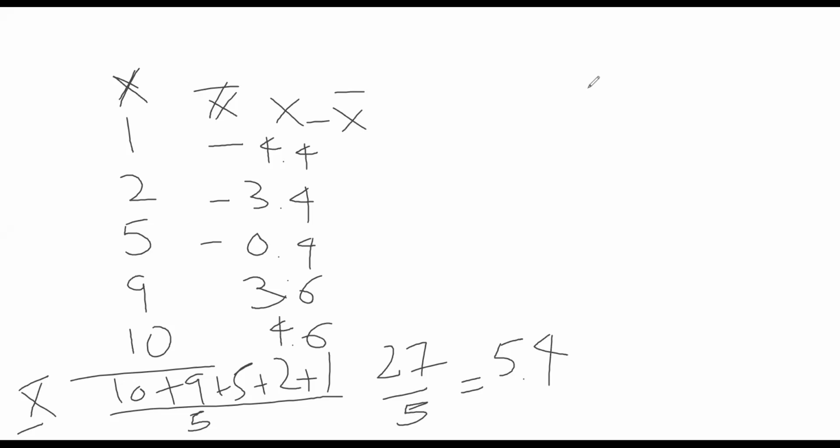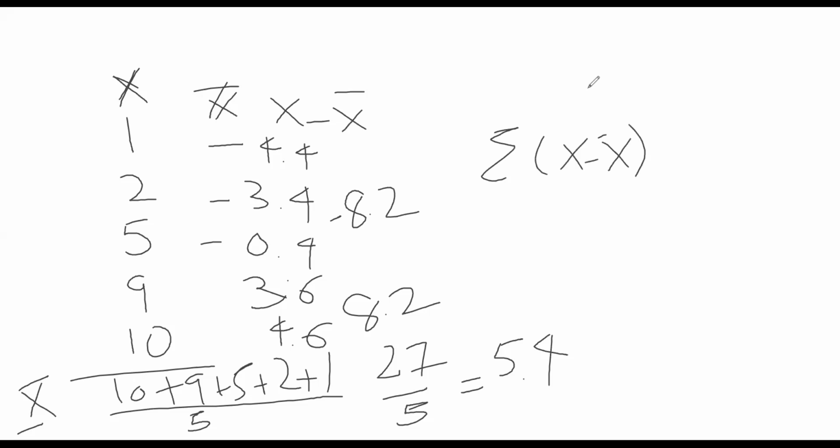If we calculate the sum of all these numbers, the positive values add up to 8.2 and the negative values also add up to 8.2. So the sum of x minus x bar would be 0.